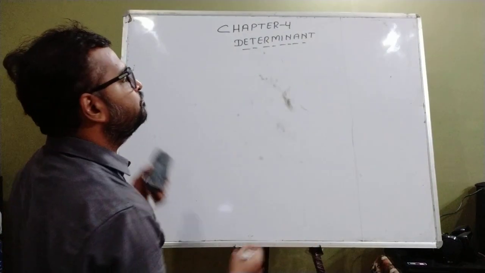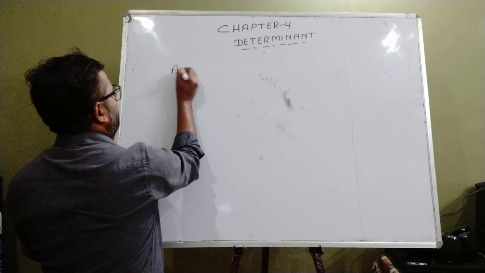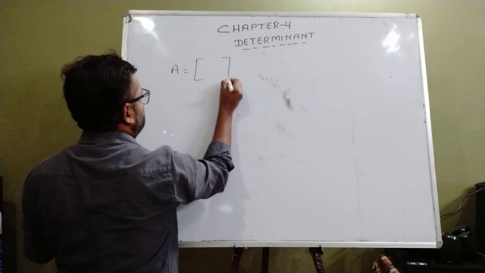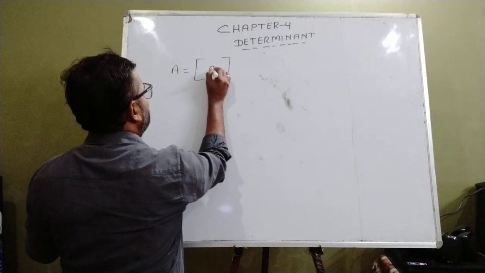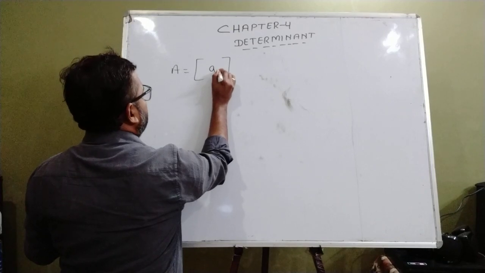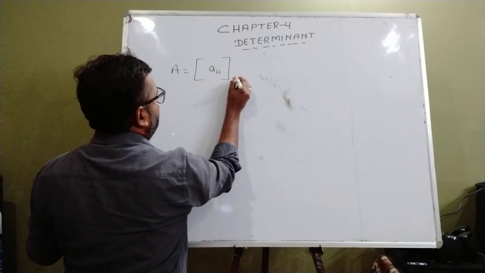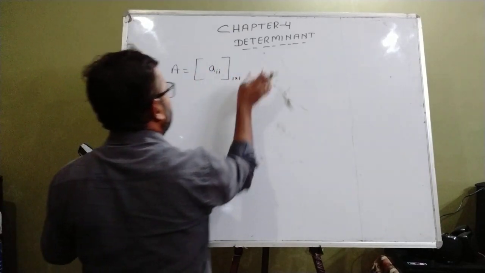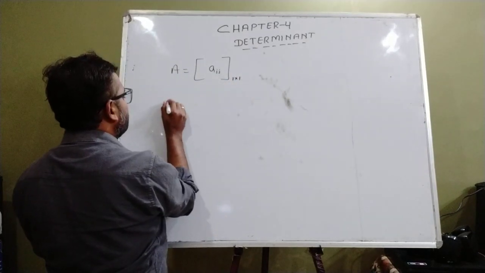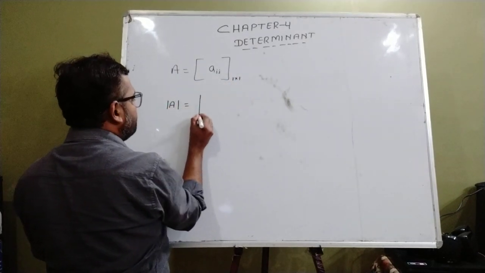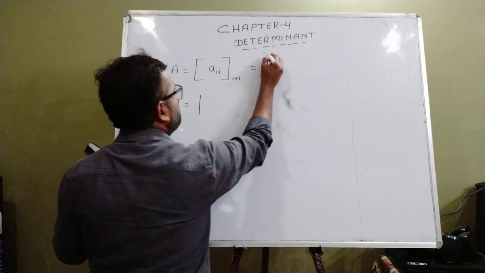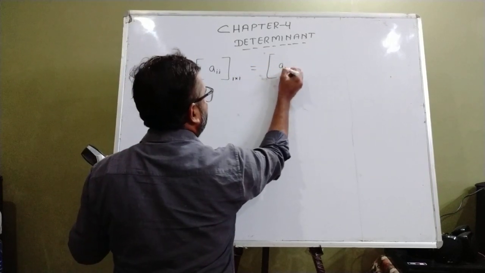Let us consider a square matrix A. Square matrices start from order one. So let Aij be a square matrix of order 1 by 1. What will be the determinant? The determinant of A can be written as A11.